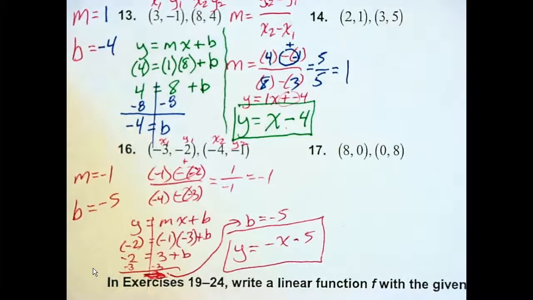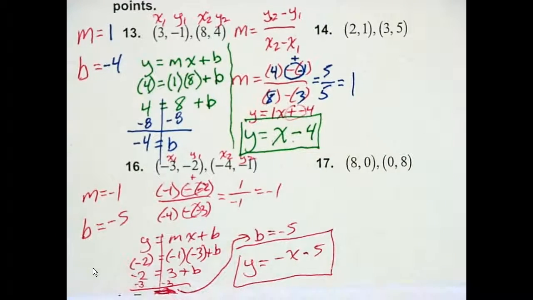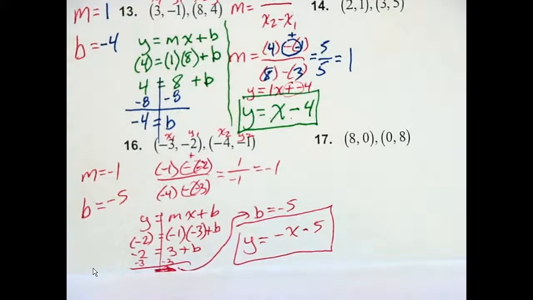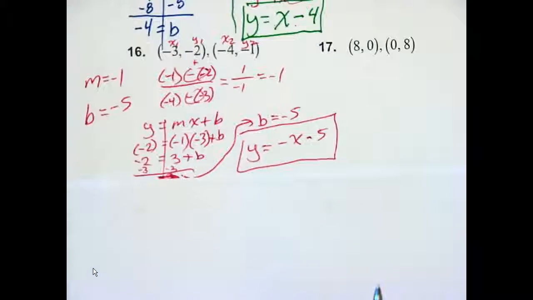Okay? Now, guys, I wasn't going to show you this, but someone asked if there's a shortcut. And I really think there is a shortcut. However, it only cuts out this bottom part. So you still have to find the slope. But once you know, there's this form called point slope form. We actually study it in our next lesson.